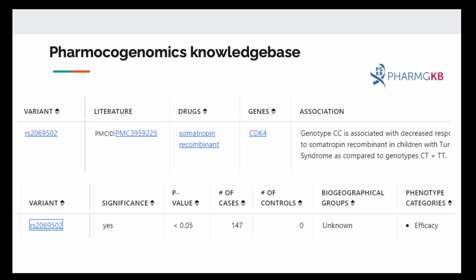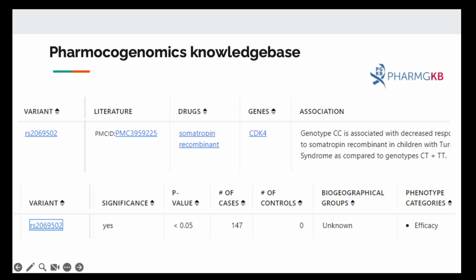Okay, so that's just a few of the many databases. I'm going to show a few more and then we can move on. For PharmGKB, it will tell you that this variant, which is known on the CDK4 gene, has a study about this gene in the context of a certain drug, in this case somatropin, I think, maybe it's a certain treatment.